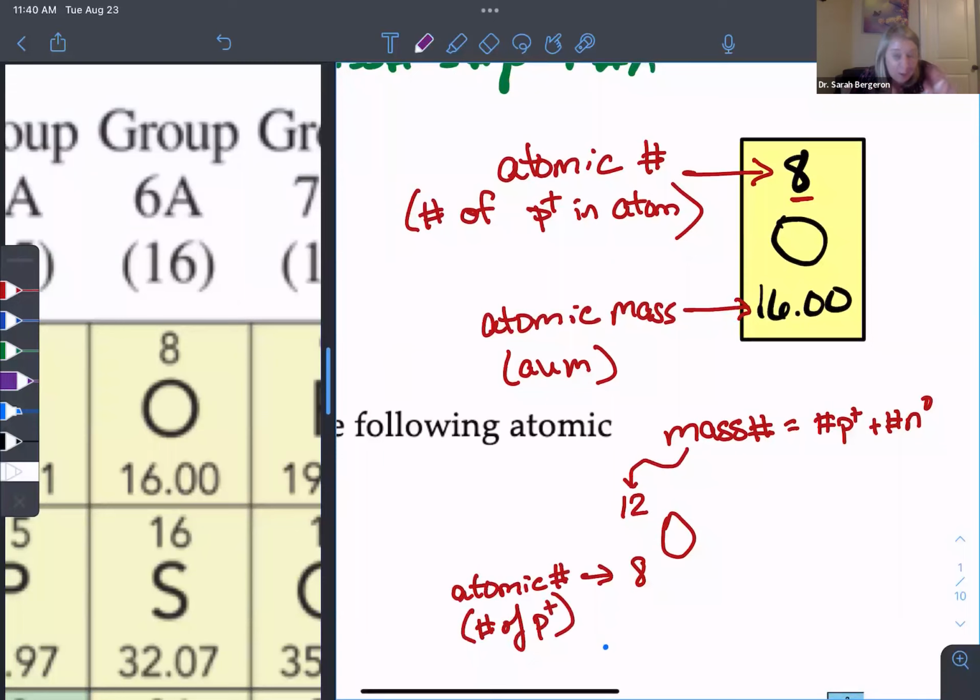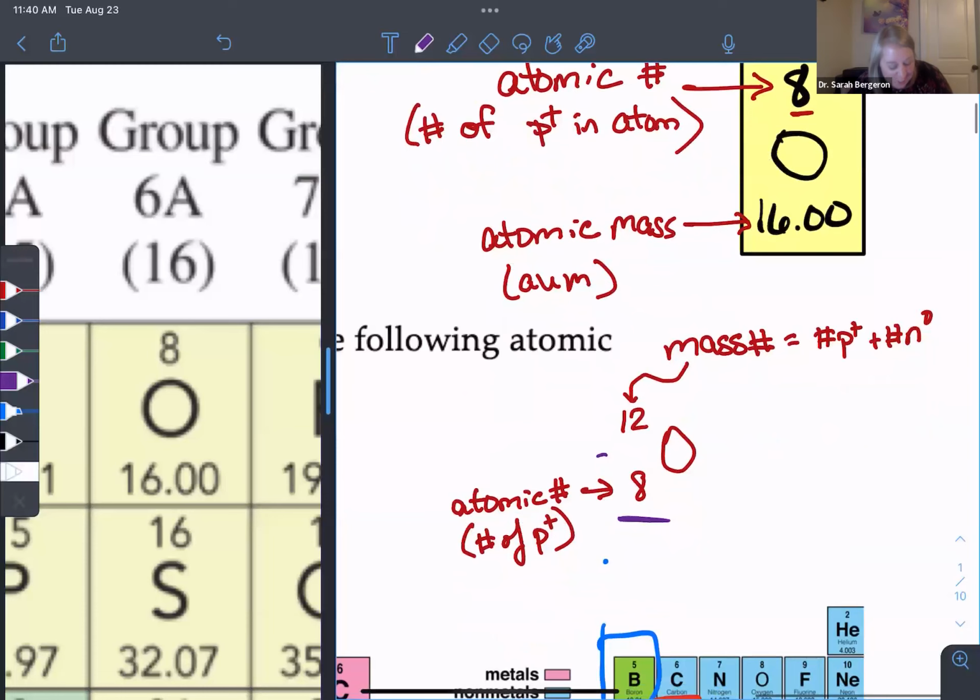Watch, this is not part of the notation. I just draw a line and a little subtraction sign. If I take my mass number minus my atomic number, I'm going to get my number of neutrons, right? That's pretty cool. So 12 minus 8 is 4. So I know I have 4 neutrons. That's kind of cool, right?